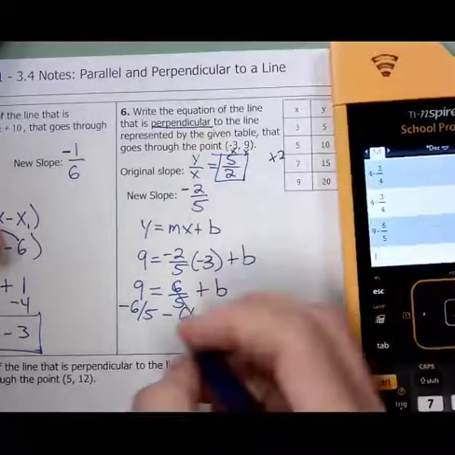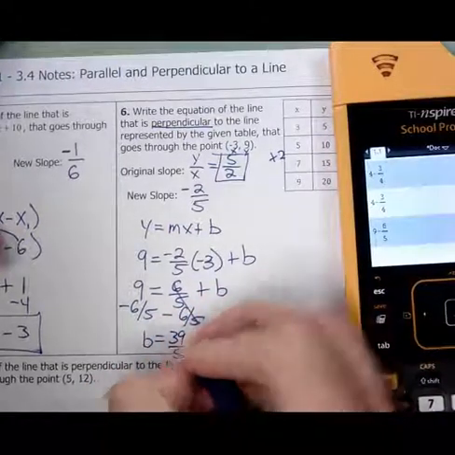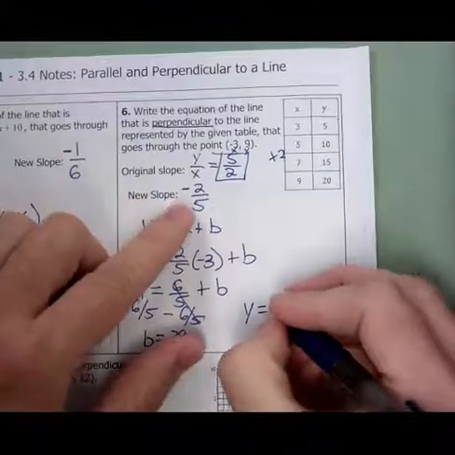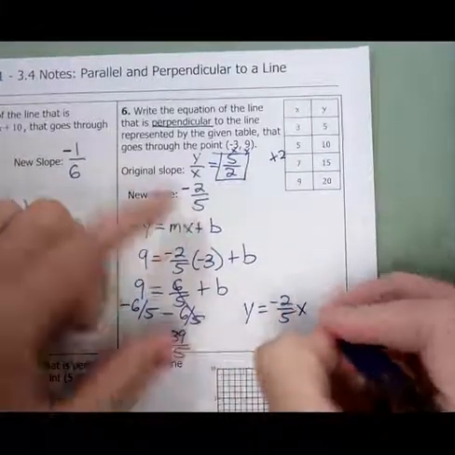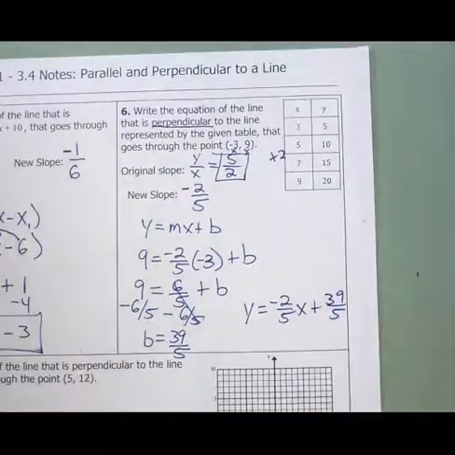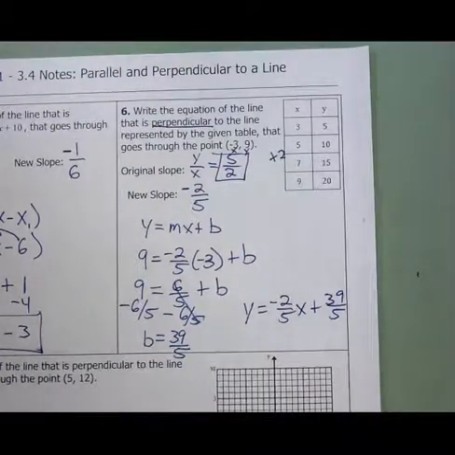Enter. B equals 39 over 5, which tells us our equation is y equals our slope of negative 2/5 x plus 39 over 5. It's not pretty, but it is correct.